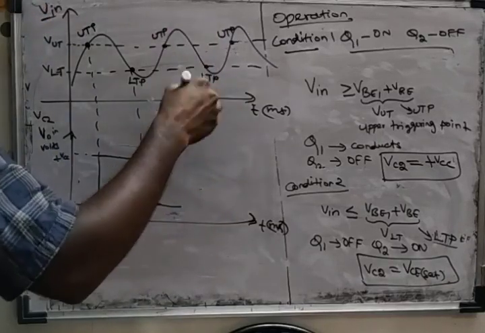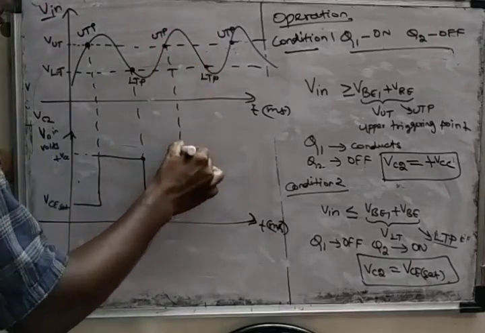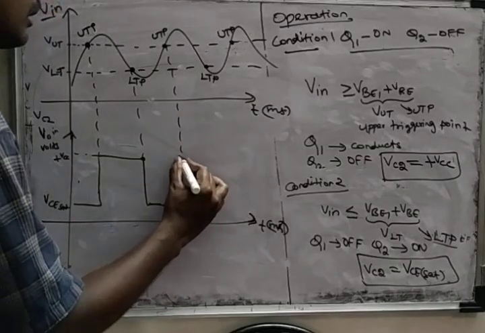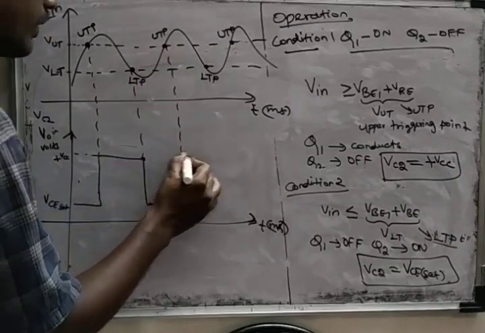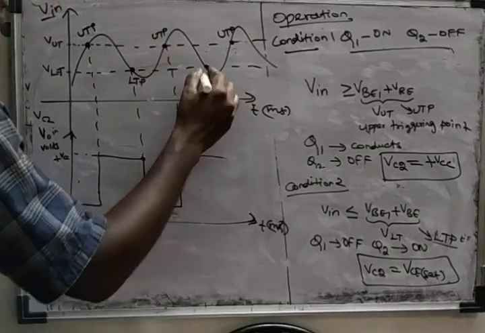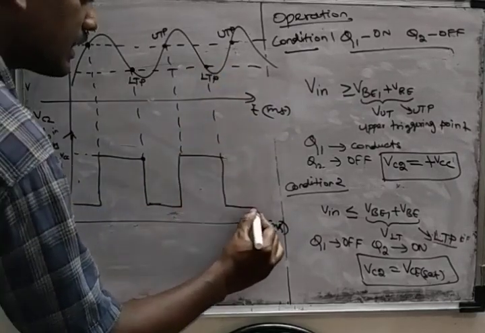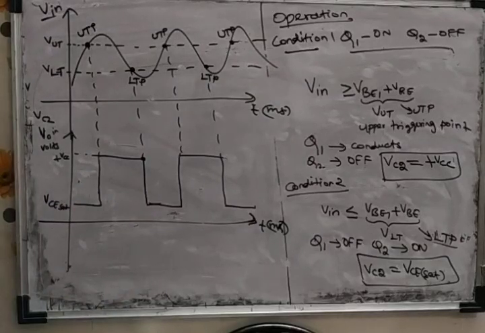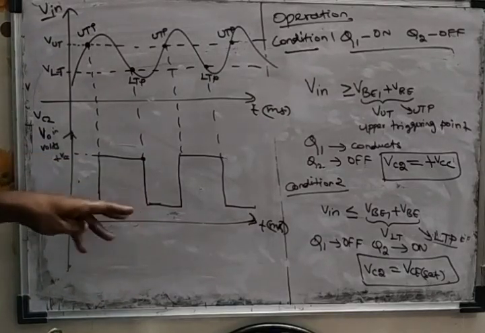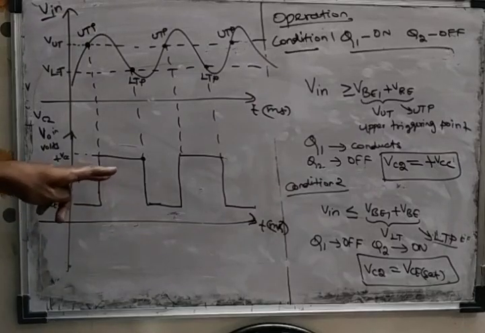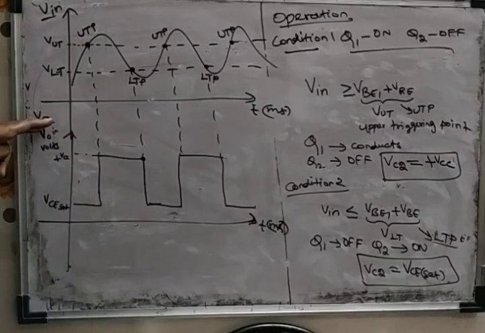So again, when it reaches the upper triggering point you have plus VCC, and when it reaches the lower triggering point you have VC saturation. This action will happen again and again. You will get a square wave output at the collector point of transistor Q2.